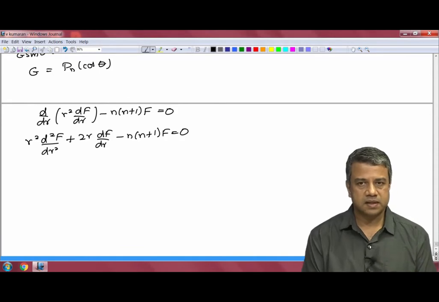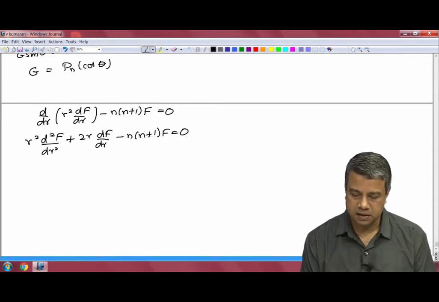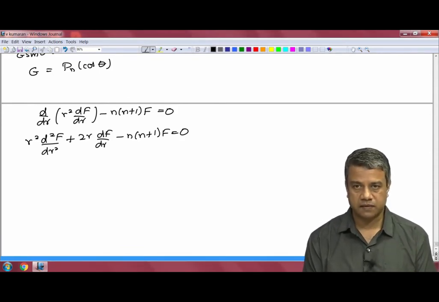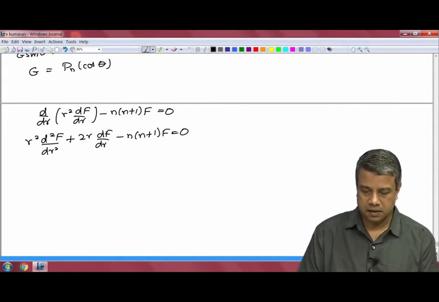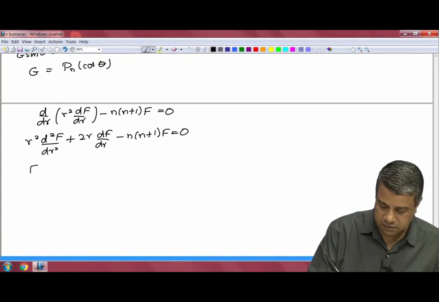This equation, as you can see, has 0 net dimension in r. I have r square d square by dr square and r times d by dr. So, therefore, I can try a solution of the form f is equal to r power a.